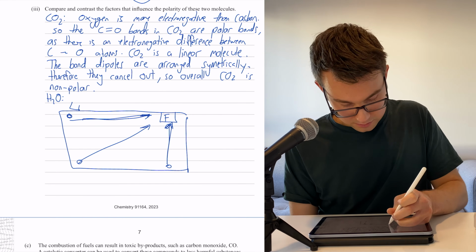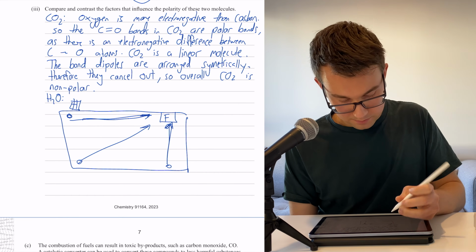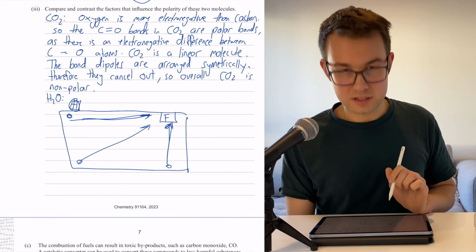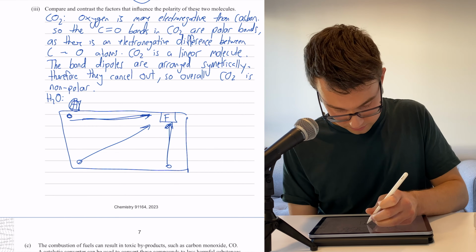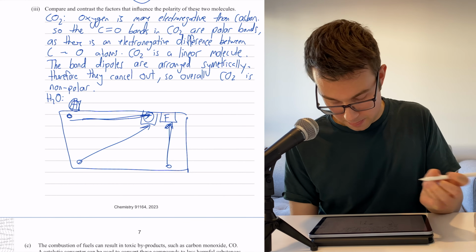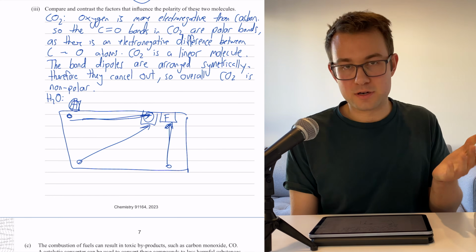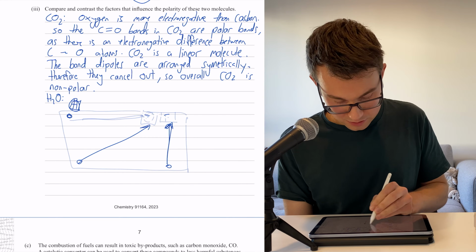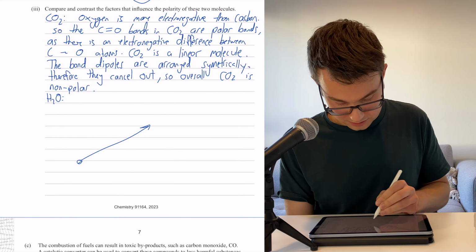Hydrogen just chills over here, so we can say that hydrogen is less electronegative than oxygen, which is right next to fluorine. You're given a periodic table, you don't need to figure this out. But yes, oxygen is more electronegative than hydrogen.